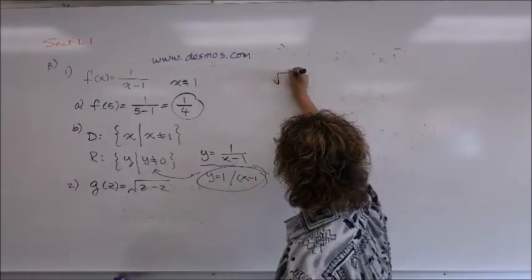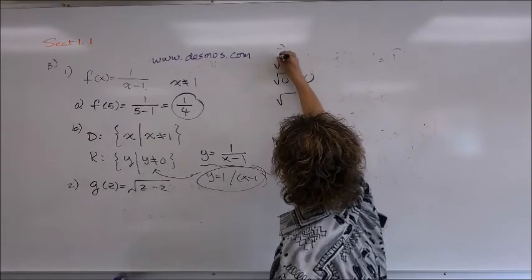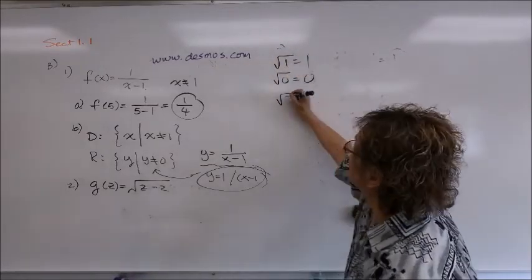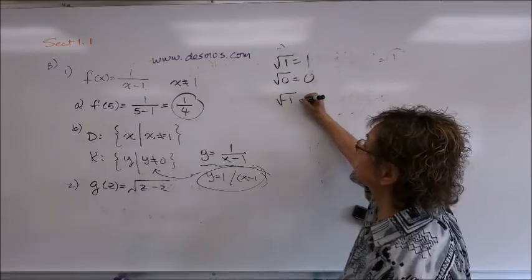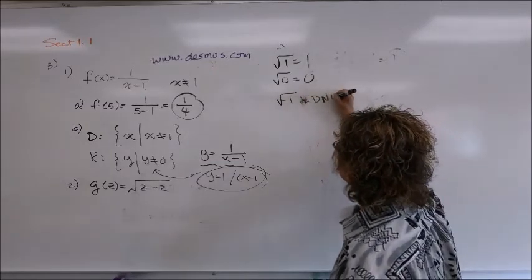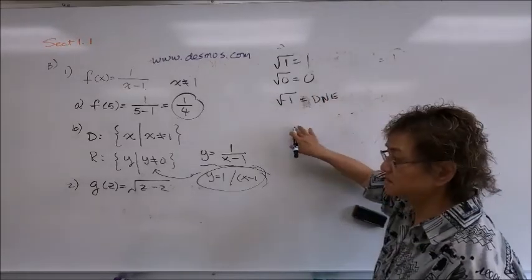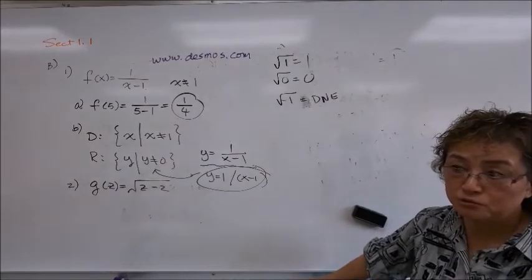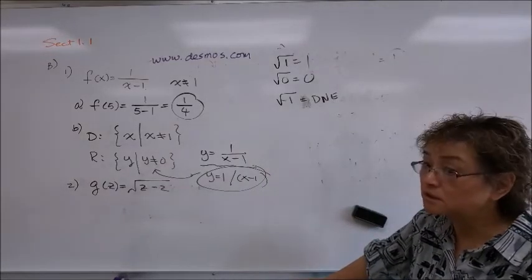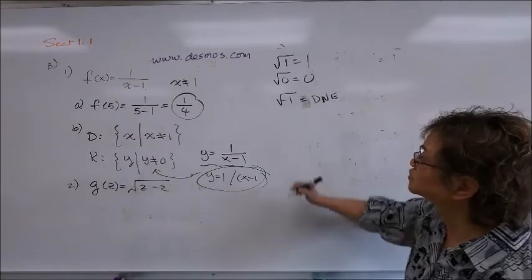Like square root of 0 is what? 0, that's fine. Square root of 1, you are fine. But square root of -1 is not a real number. So we say it doesn't exist. Anything below 0, you cannot take a square root, because anything squared cannot be a negative number. So there is a restriction.